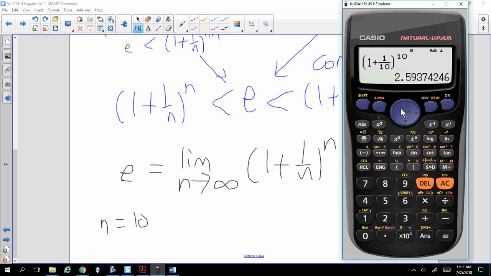So if I increase more zeros, it will become more accurate. Maybe it's a bit slow, so you have to add more zeros. And there you get it. As n goes to infinity, it does approach this number, which is 2.718. Okay, good. So this rule is true, but you don't need to know this rule, though it's good to know.